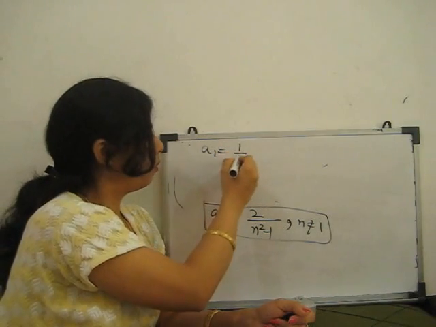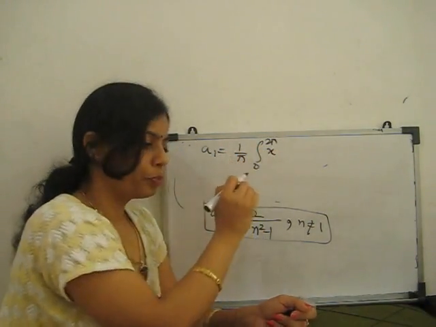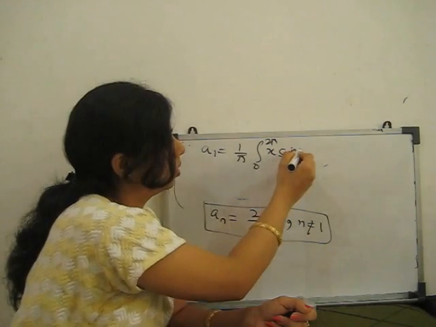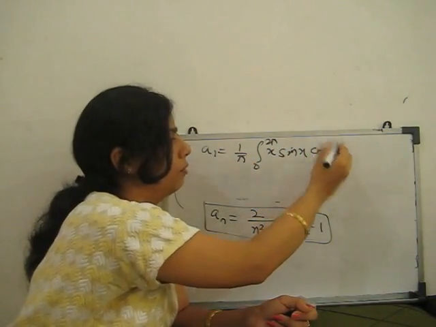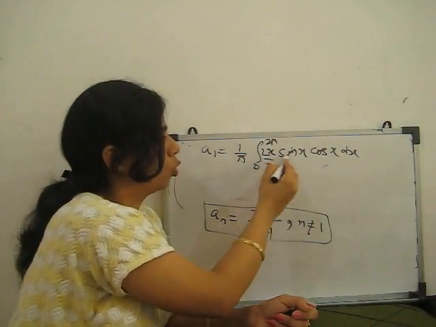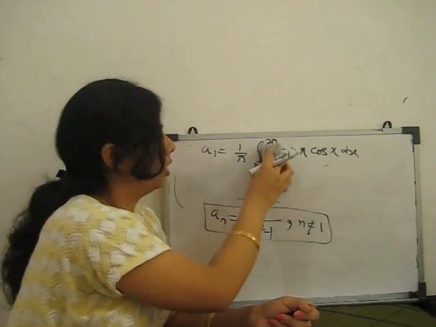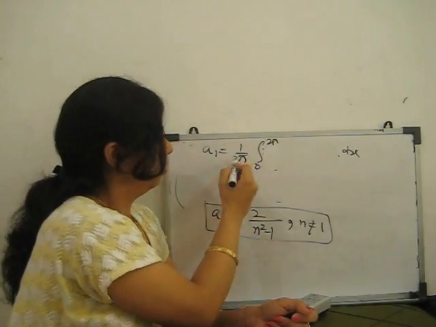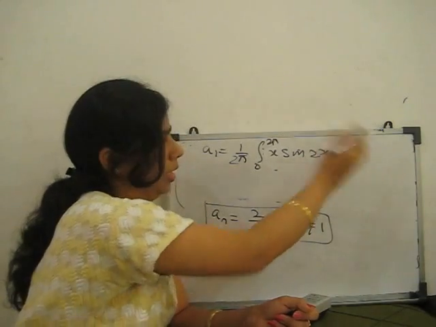a1 is what? 1 upon pi, 0 to 2 pi, x sin x cos nx, and for a1, n is 1, so cos 1x dx. Again multiply and divide by 2. So 2 sin x cos x gives sin 2x. So this term becomes 1 upon 2 pi, x sin 2x dx.